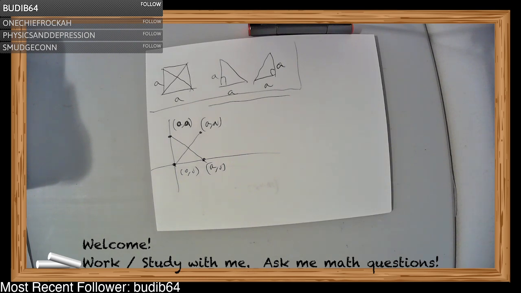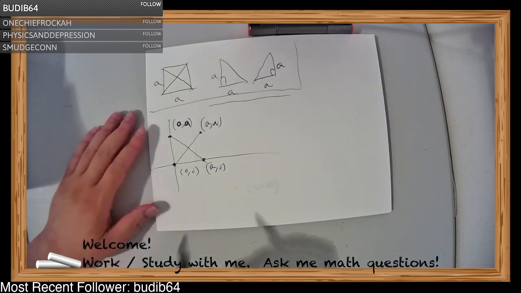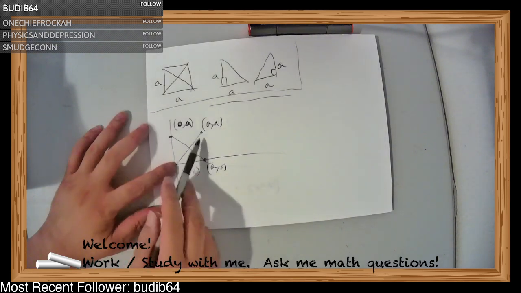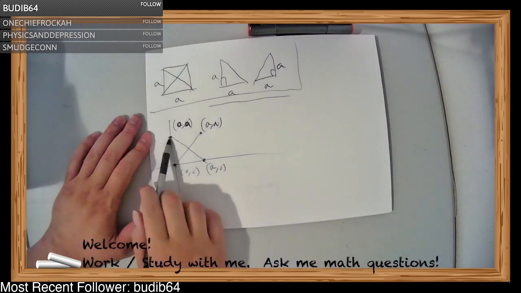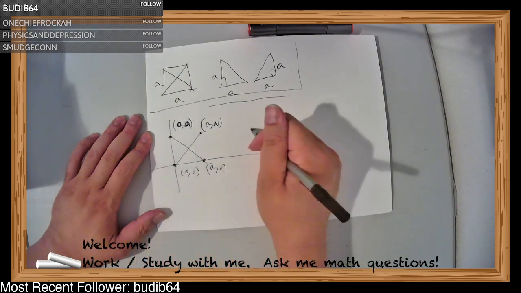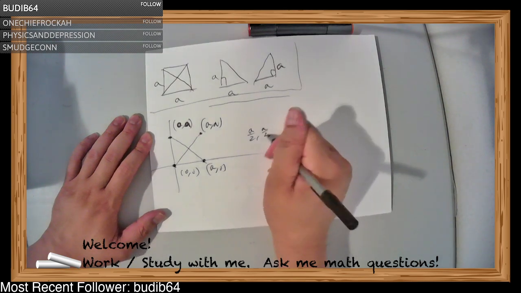So that's the first thing for squares we want to talk about. The next thing is that the diagonals bisect each other. One way to do that is to find the midpoint of these two and the midpoint of these two and show that they're the same point on the graph. The midpoint of (0, a) and (a, 0) is (a/2, a/2).